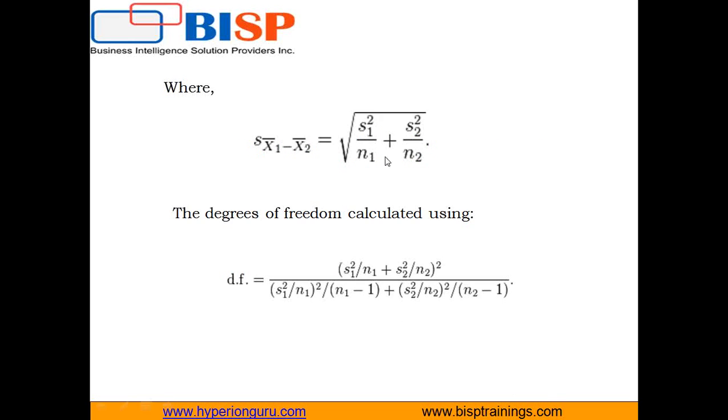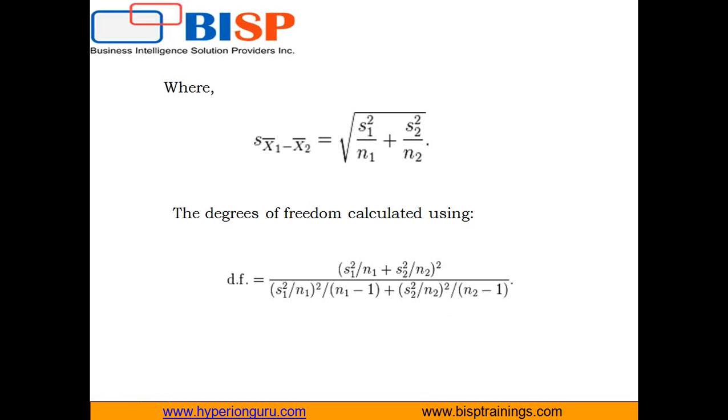So S will be calculated like this, and the degrees of freedom will be calculated with the help of this formula. But in Excel, we don't need to calculate this with these formulas. We just use the t-test with unequal variances.